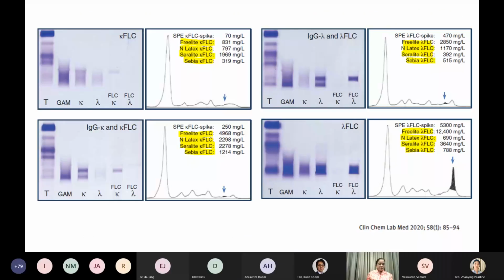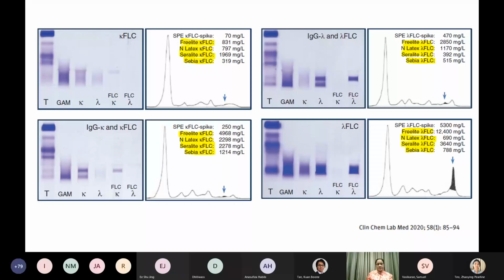During the same study, they looked at a few individual patients' results on 4 assays and compared that with the densitometric measurements. As you can see, these are 4 different patients. So the first one with kappa free light chain, the concentration could range from 319 on CBA assay to 1900 on Serolite assay.